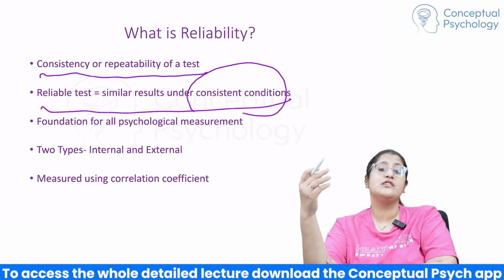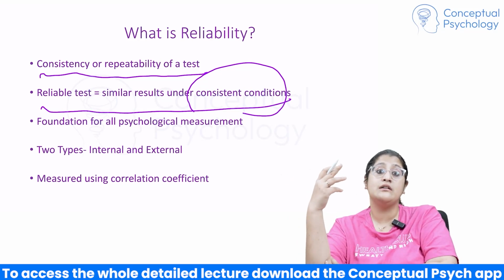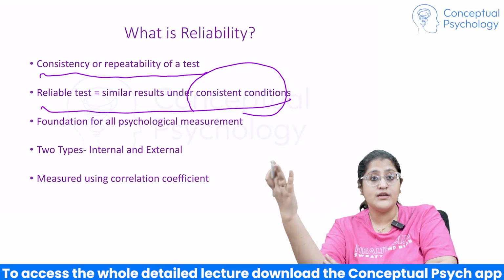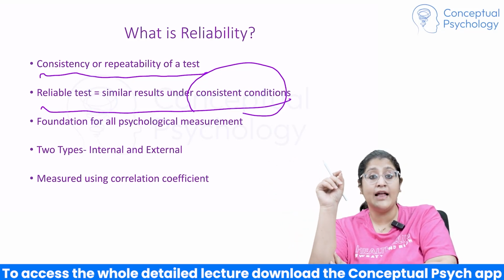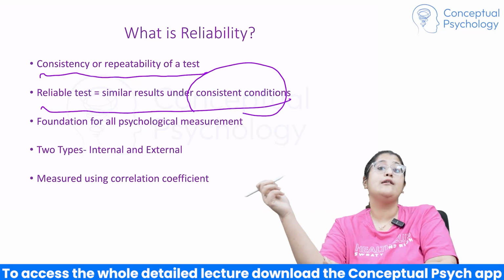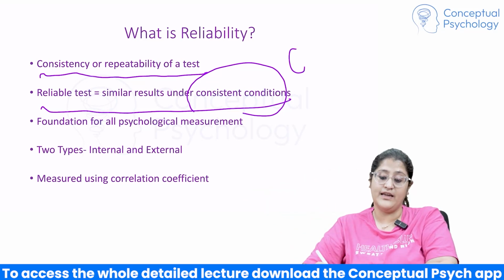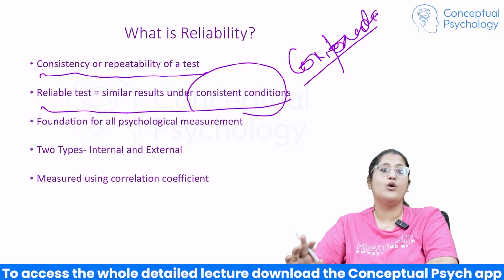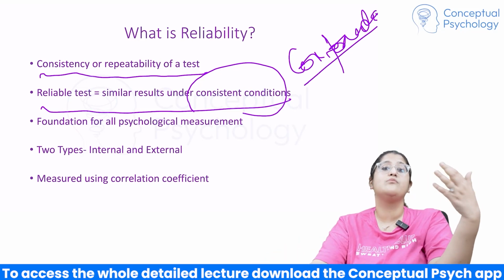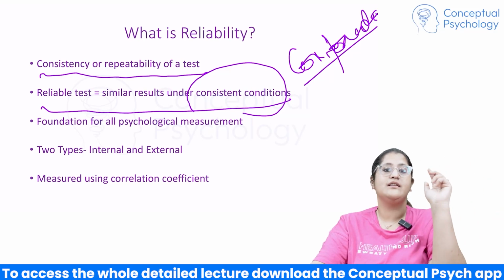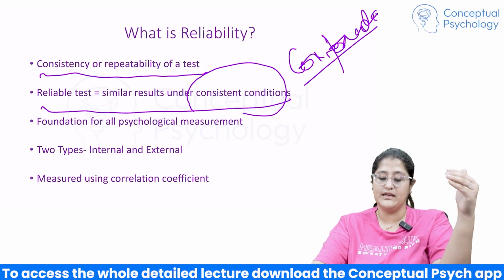Or if you change the setting, and the person is suddenly taking a test in a setting where there is a lot of loud noise, the results will be different, and the score that you get would not reflect the person's intelligence but would be influenced by confounding variables. What are confounding variables? Confounding variables are variables that are not under the control of the examiner. It is an extraneous variable that is affecting the score of the individual.